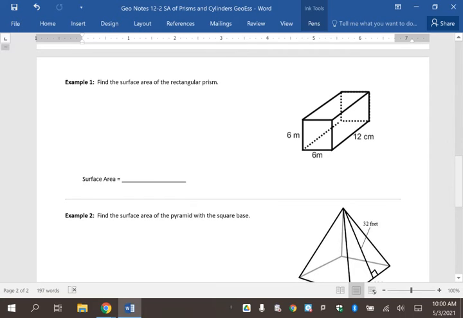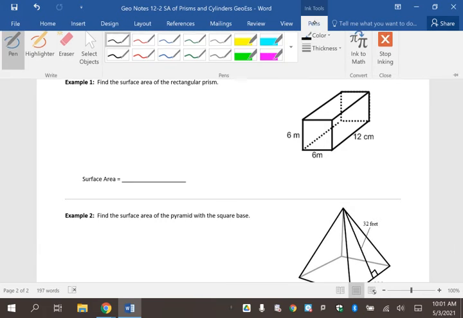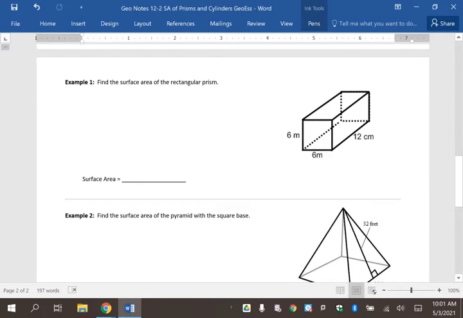Number 1, find the surface area of the rectangular prism. Instead of identifying the bases and the lateral area, let's just find the surface area by adding up the areas of all the sides. So for instance, we have these two sides. So that would be 2 times, let's say this is our width and this is our height and this is our length.